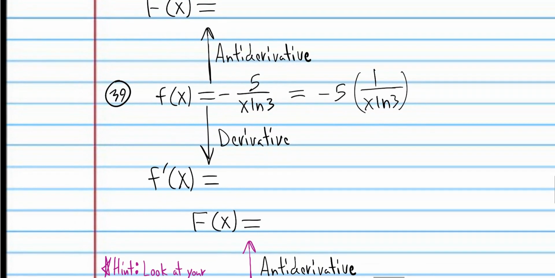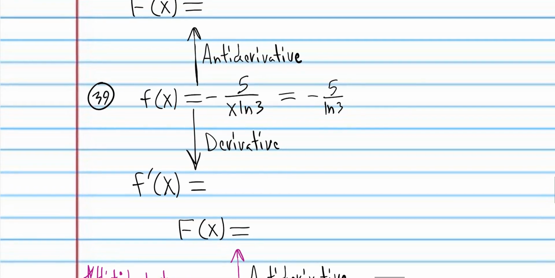But before we do that, we're going to have to factor out the natural log 3, because first we need to find the derivative. So I'm going to factor out negative 5 over natural log 3. We need to factor out natural log 3, not natural log x. But so then we're left with this expression here.